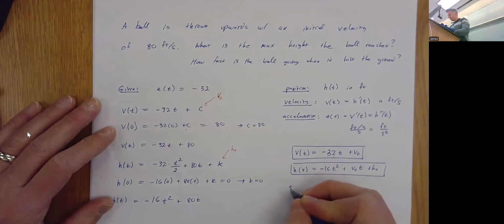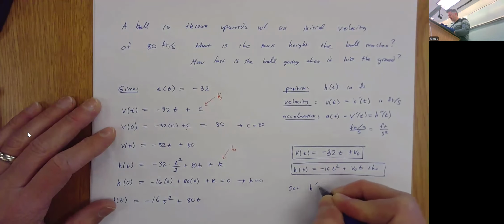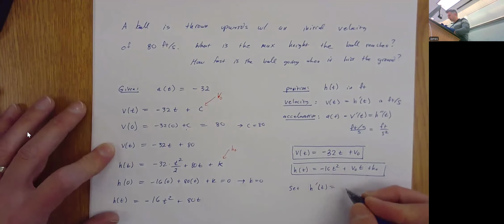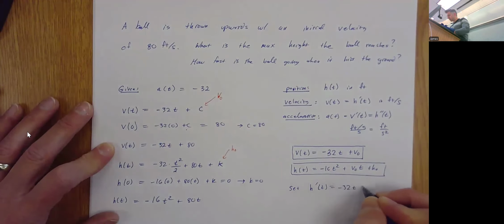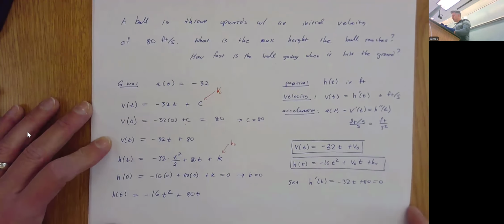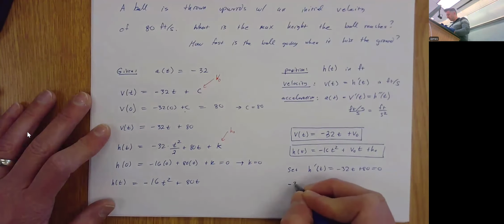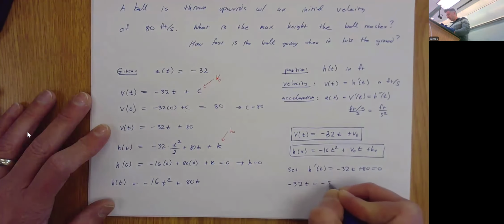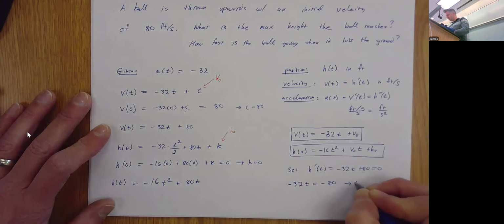So we're going to set the derivative of height, which is just velocity, equal to 0, and solve for t. So negative 32t plus 80 equals 0, so negative 32t equals negative 80. t is going to equal 80 divided by 32.